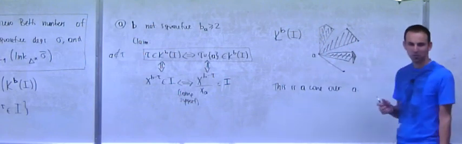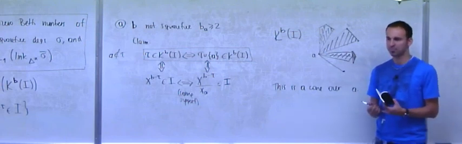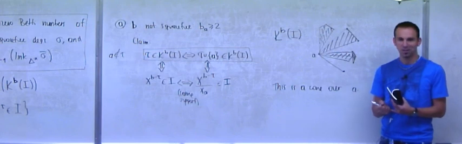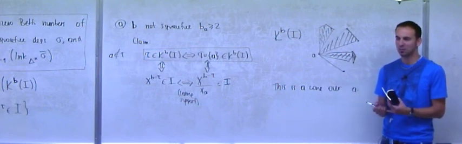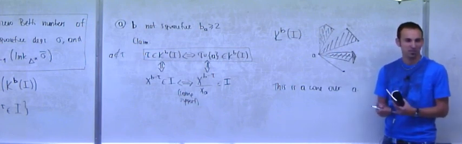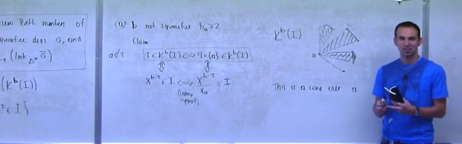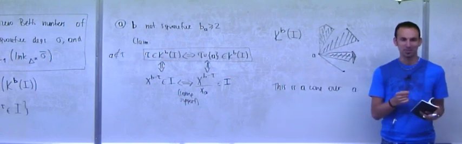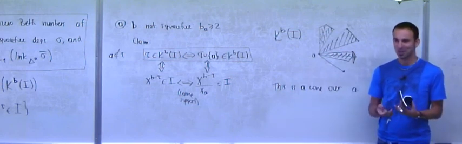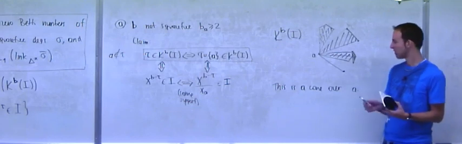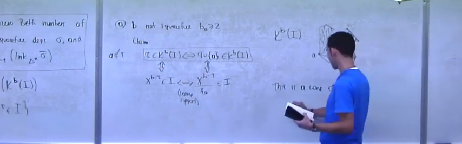So let's go back to homotopy. Can you tell me, of the letters in the English alphabet, one of them that is a cone? So which one of them looks like a cone? V, for example, is a cone, right?